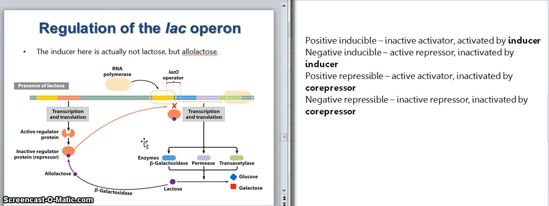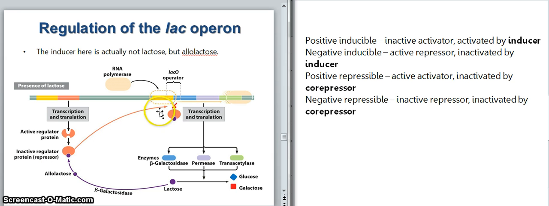So how this works is when transcription is on, the operon is transcribing beta-galactosidase, permease, and transacetylase. All of these together are converting lactose into glucose and galactose.